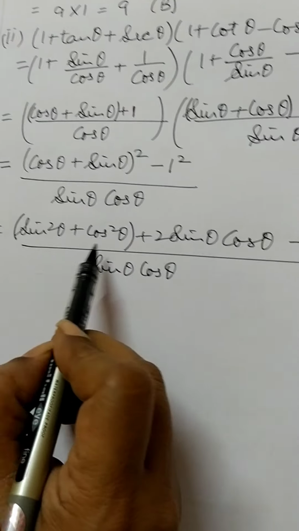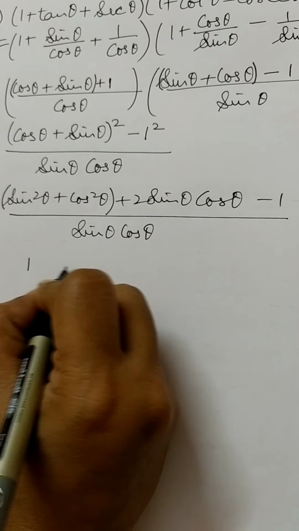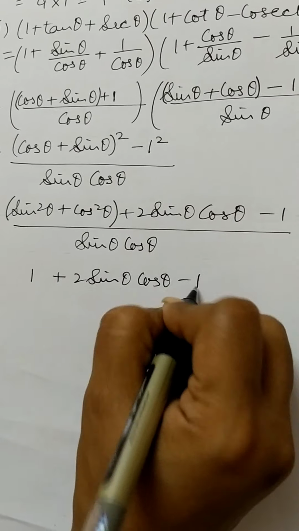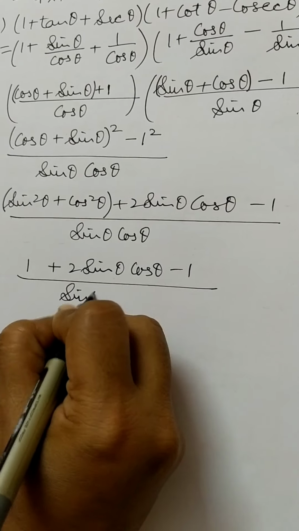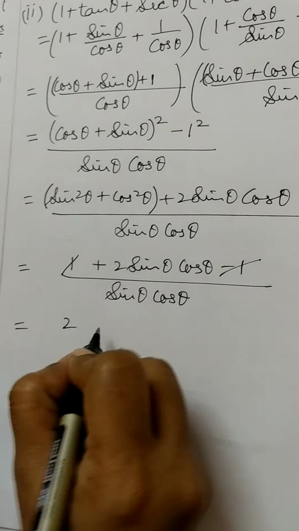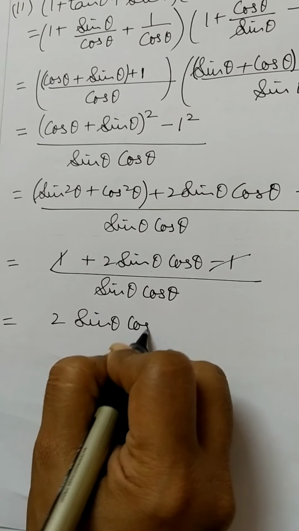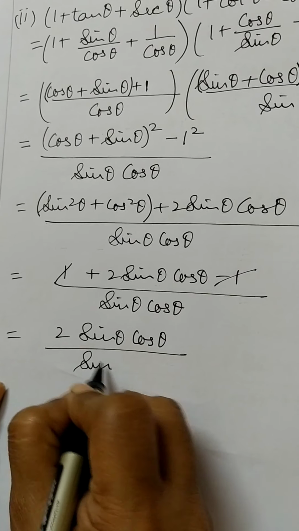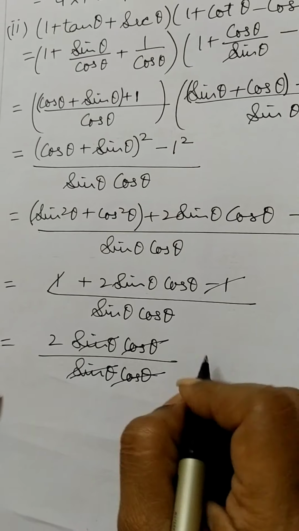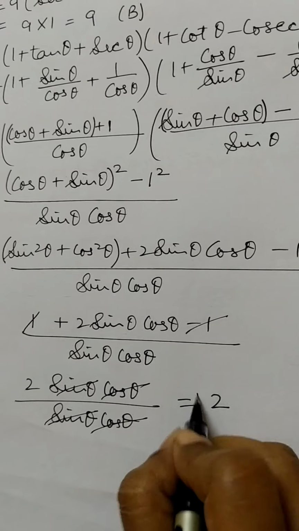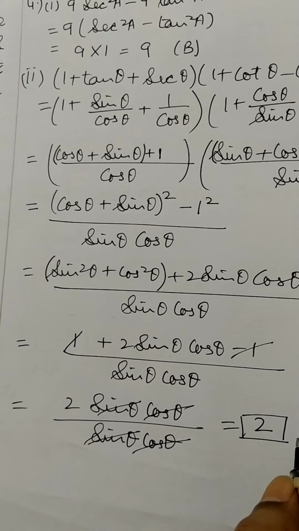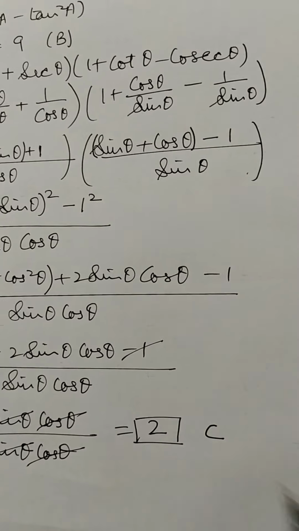So sum of first two terms we will write as 1 and rest of the terms as it is. One and minus 1 are cancelled and we are left with 2 sin theta cos theta upon sin theta cos theta, and we are getting 2 as our final answer. So that means in second part option C is correct.